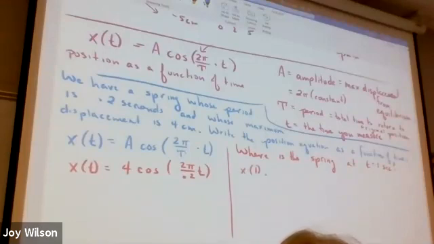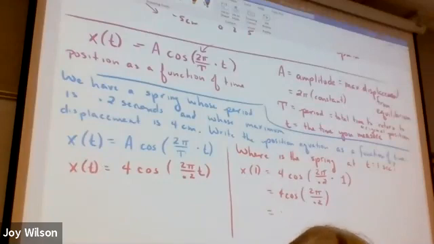Position at 1 second would be 4 cosines of 2 pi over 0.2 times 1 second, which gives me 4 cosines of 2 pi over 0.2.